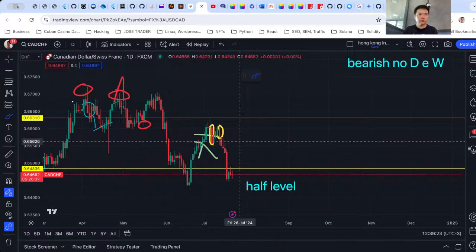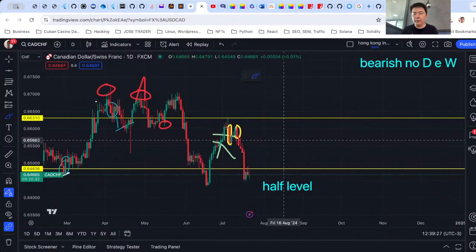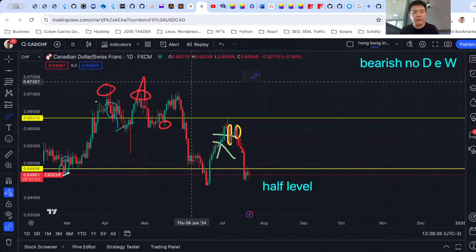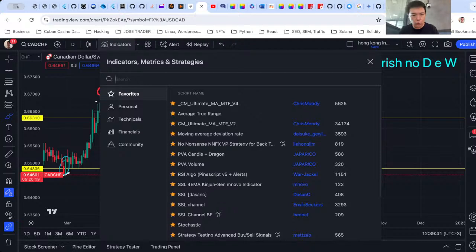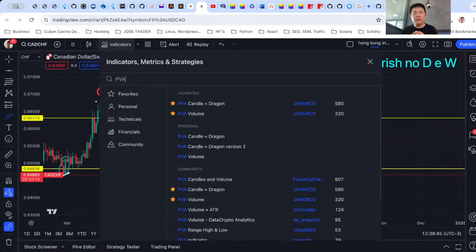All right. So let's say you have a plain chart on TradingView, and you want to plot the PVSRA indicators that I coded. All you have to do is go here on indicators and look for PVSRA. The first two that are shown to you are the ones that I coded: this PVSRA Candle Plus Dragon by Japa Rico, and this PVSRA volume.